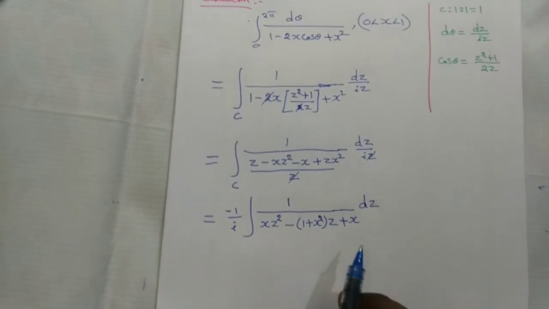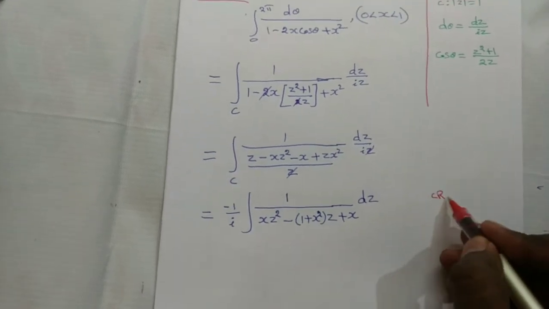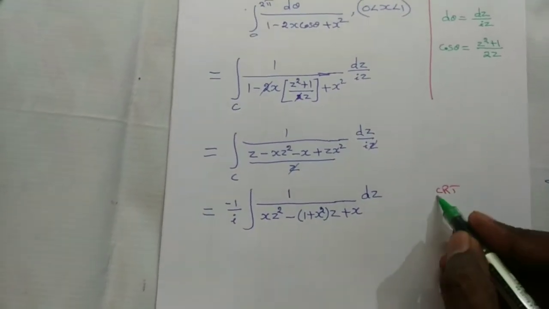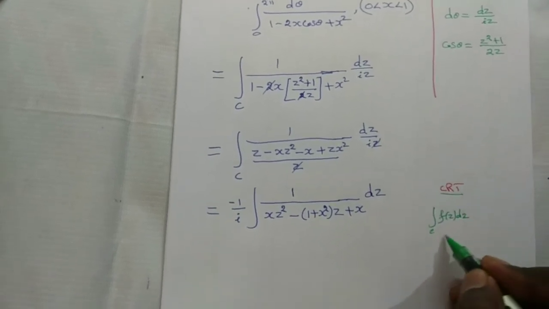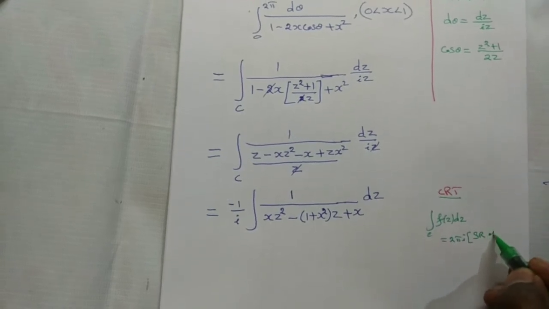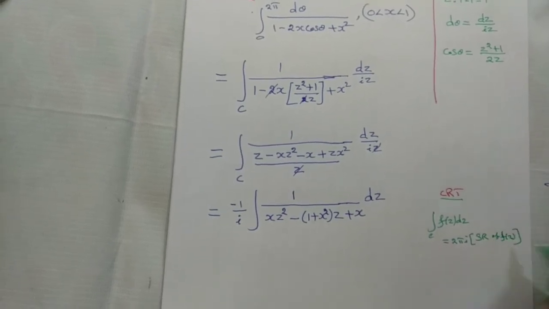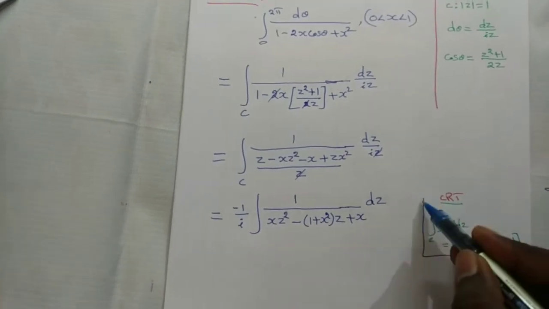Okay, now you see here I can apply Cauchy's residue theorem. So what is Cauchy's residue theorem? The integral over C of f(z) dz equals 2πi times the sum of the residues of f(z). So this is Cauchy's residue theorem.